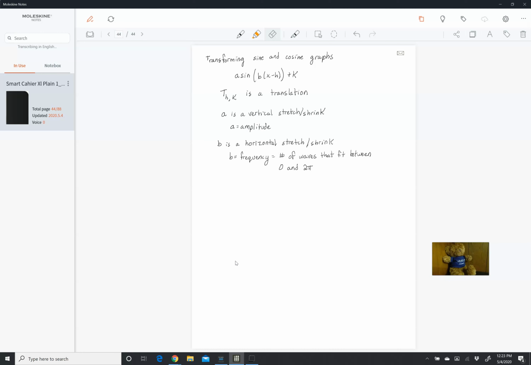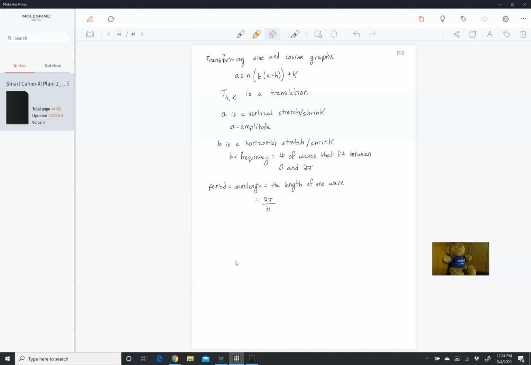But then we also talked about the length of the wave. So the wavelength, or the period, is the length of one wave, which is equal to 2 pi over the frequency.